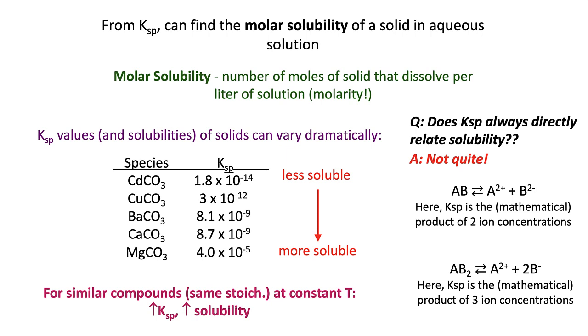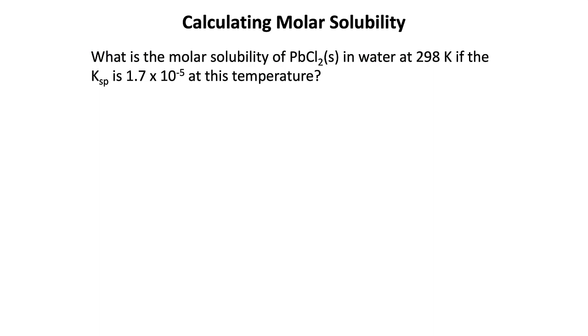And so this is the reason why Ksp and the molar solubility are not the same, because Ksp is a mathematical constant that's fundamentally different based on the stoichiometry of the salt, whereas solubility is a physical quantity, which is how much can dissolve into a liter of solution. So the take home here is that if we have compounds with different stoichiometries, then we can't directly compare Ksp to solubility, and we'll have to do a calculation.